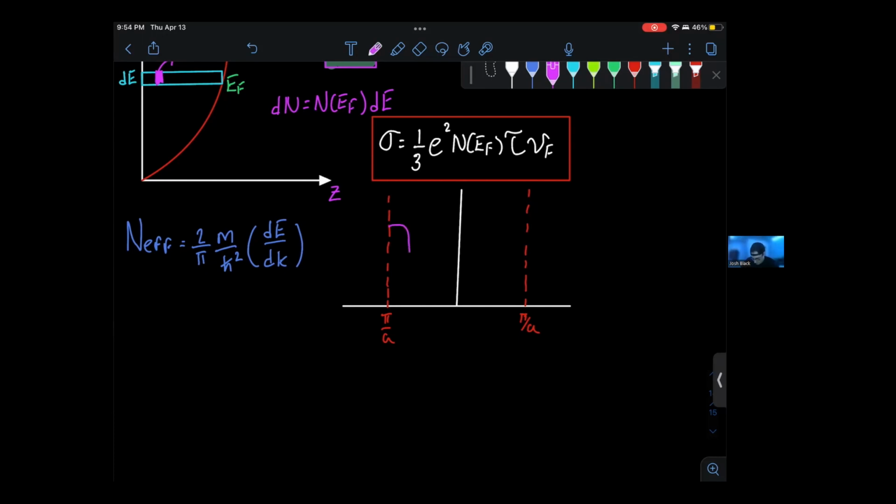So if I were to draw what that band would look like, it would look like this. And let's draw our Fermi level really low for now. We'll work our way up. So this is our Fermi level, and we want to know the effective amount of electrons. Well, we know that our effective amount of electrons is proportional to the derivative of our energy with respect to our wave vector.